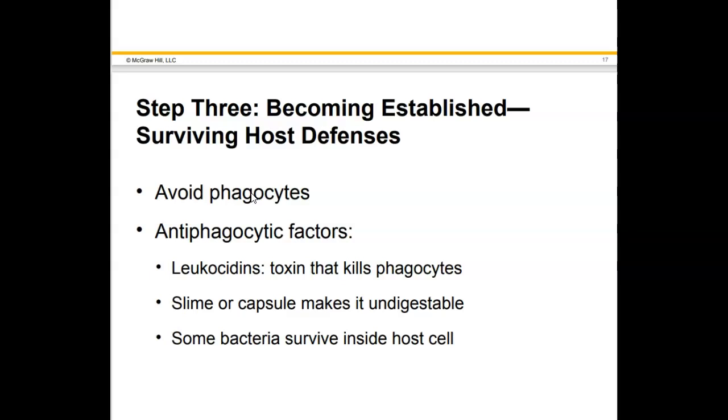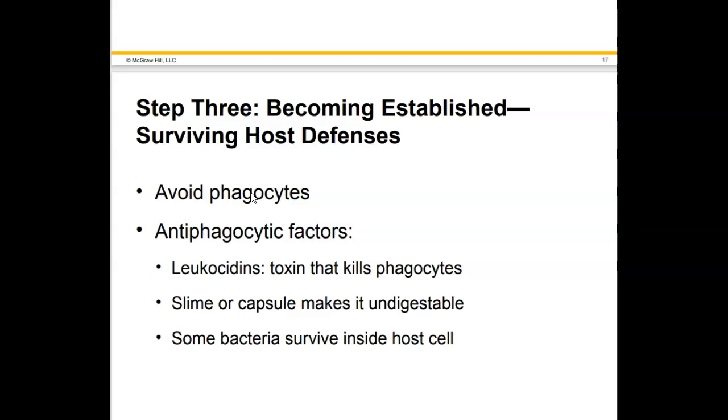They might change what are called antigenic factors to trick the immune system into thinking that it's just a harmless body cell because of what it has on the outside. So these are all things that pathogens can employ. Even if the pathogen can't avoid immune detection, it can limit what the immune system can do.